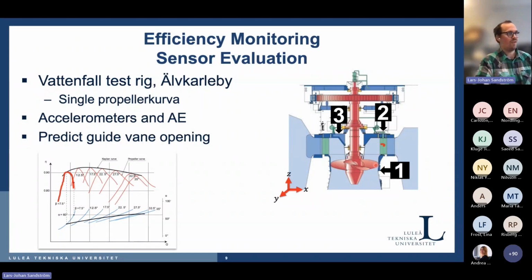What we're trying to do here is to predict the guide vane angles from this accelerometer data. So if we can say where on this propeller curve we are from the accelerometer data, we can also say that maybe we want to lie in this sweet spot where we have the best efficiency. That's the idea of this experiment.